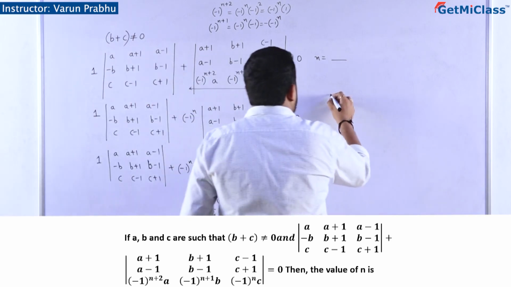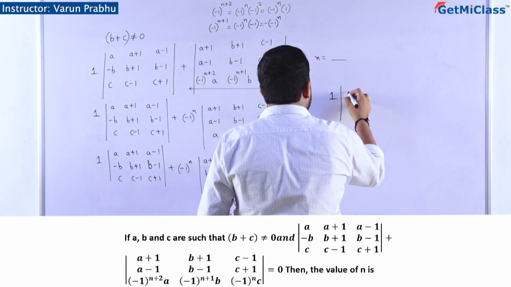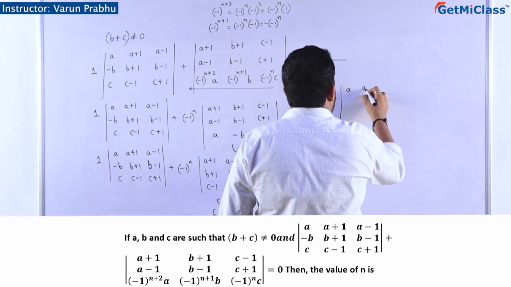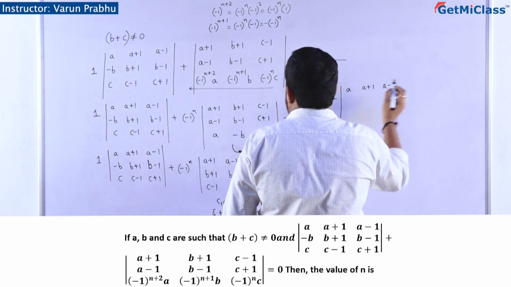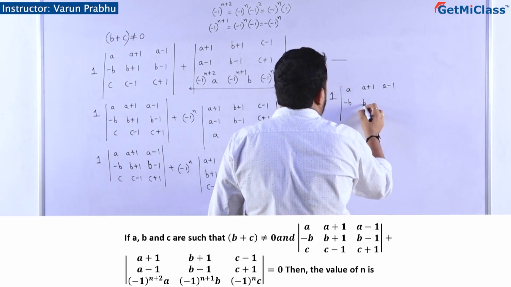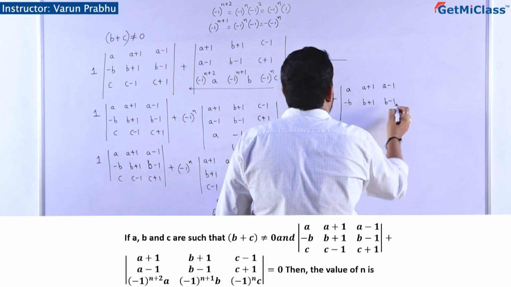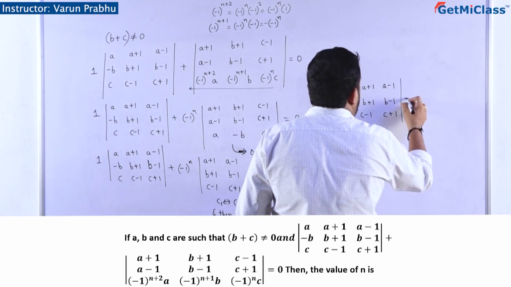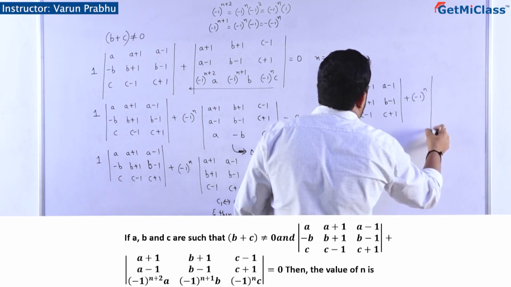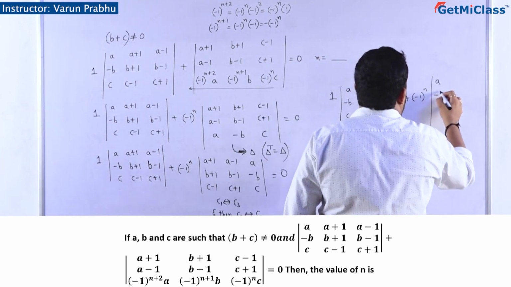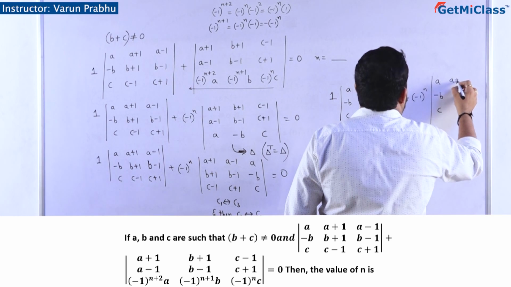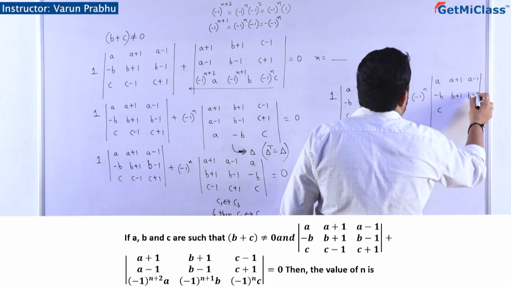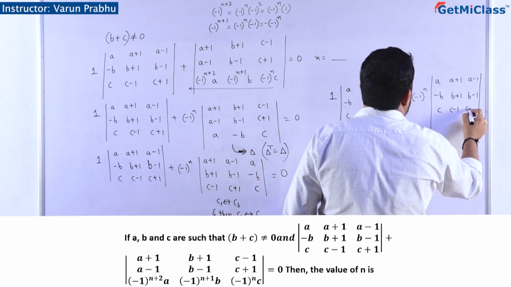So I can write 1 into, this value should be equal to 0, a plus 1, a minus 1, minus b plus 1, b minus 1, c minus 1, c plus 1, plus minus 1 to the power n into a minus b c, a plus 1, a minus 1, b plus 1, b minus 1, c minus 1, c plus 1.